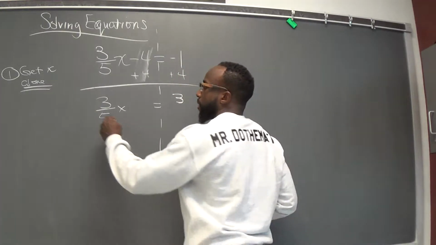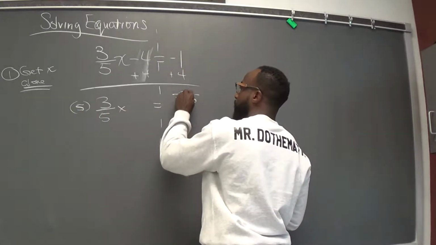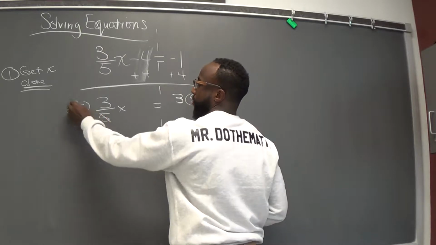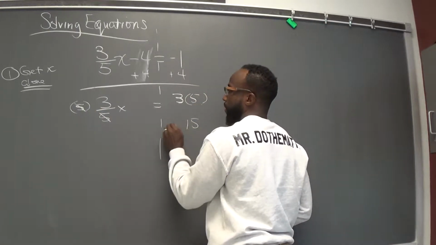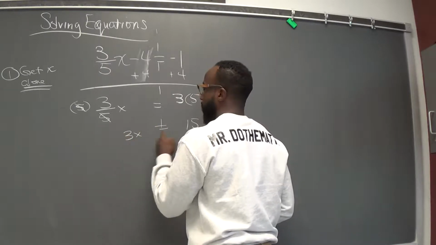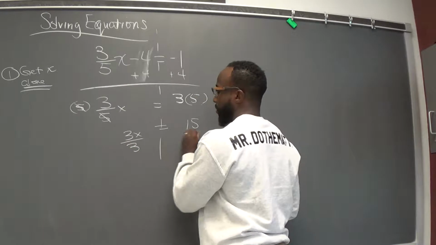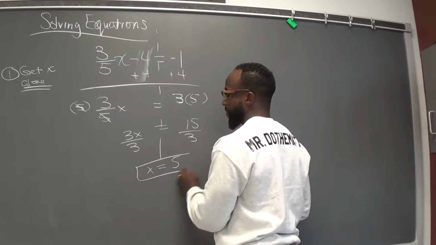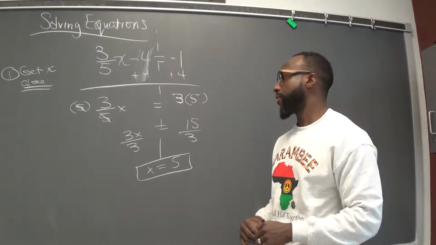So we took the long way: you multiply both sides by 5 to get rid of this denominator, and then we end up with 15 here, so 3x equals 15, and then you divide by the 3. x equals 5. Simple enough, right?